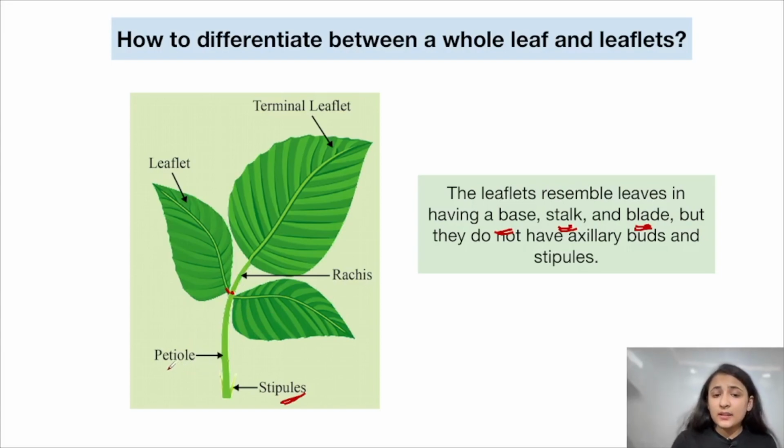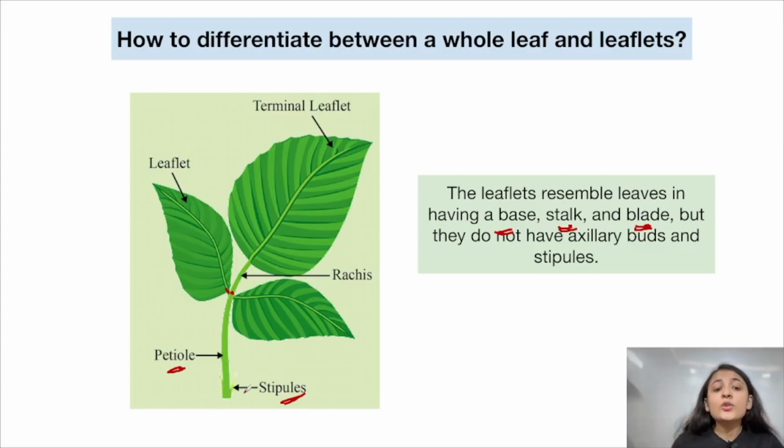At the base, this is the entire leaf. It is also attached to the stem with a structure, and this structure is the petiole. So this is the entire leaf, broken down into leaflets. When you look at these individual leaflets, none of them has stipules or axillary buds. The stipule is present here at the base of the leaf, where it is supposed to be present.